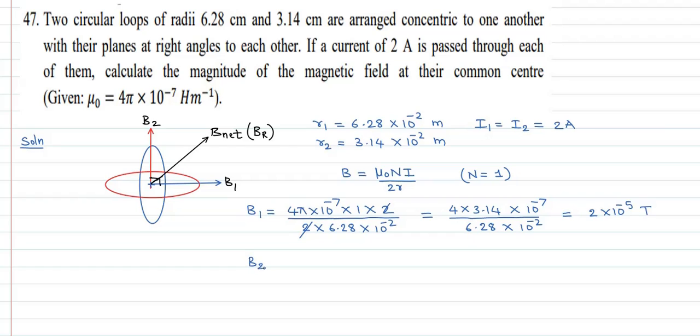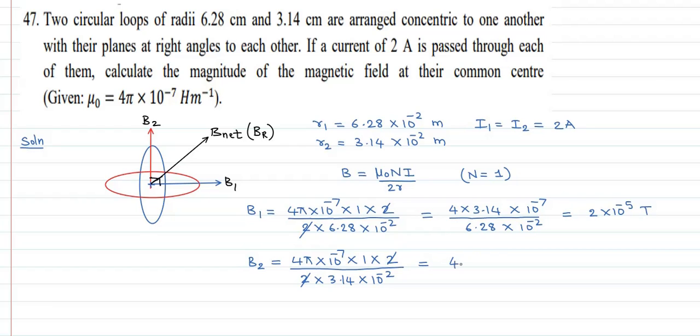Now the magnetic field due to the second coil, B2. The formula is the same: 4 pi into 10 raised to minus 7, number of turns is 1, current is the same, the only change is the radius, 2 into 3.14 into 10 raised to minus 2. Substituting, this 2 gets cancelled.